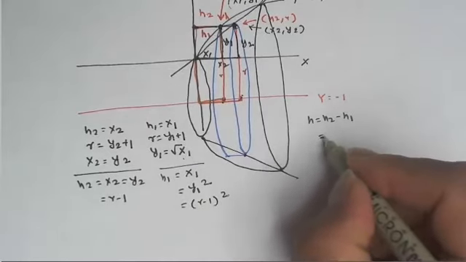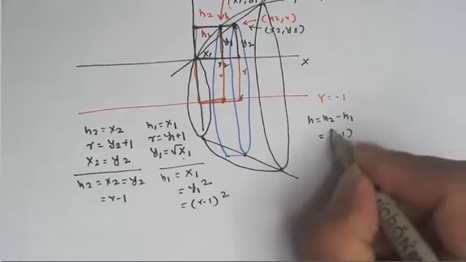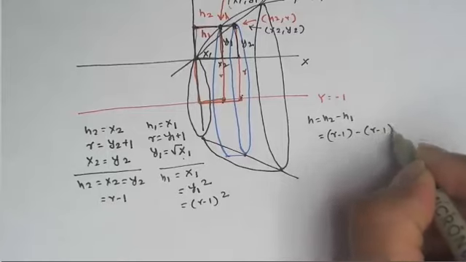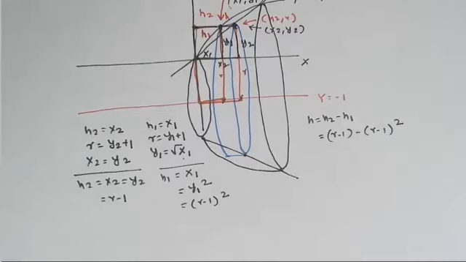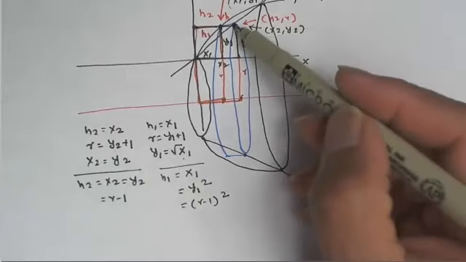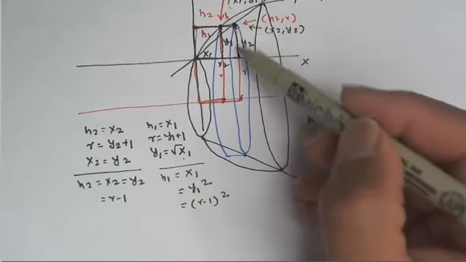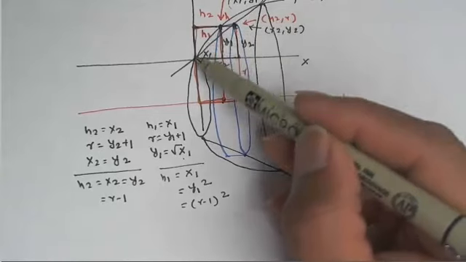So this, as before, is r minus 1 minus r minus 1 squared. And we also need the limits of r. So r, according to this, is y2 plus 1. And y2 is this distance. It's the y coordinate of the points on this line.